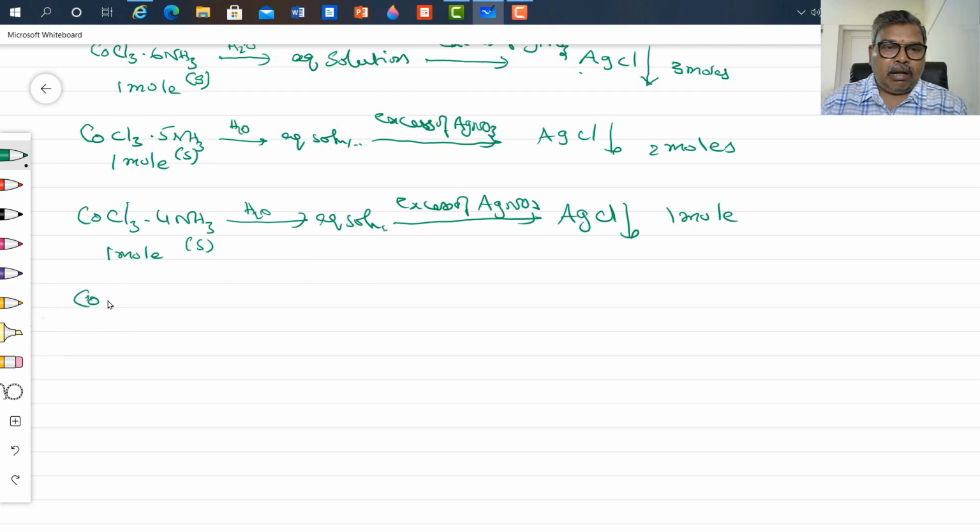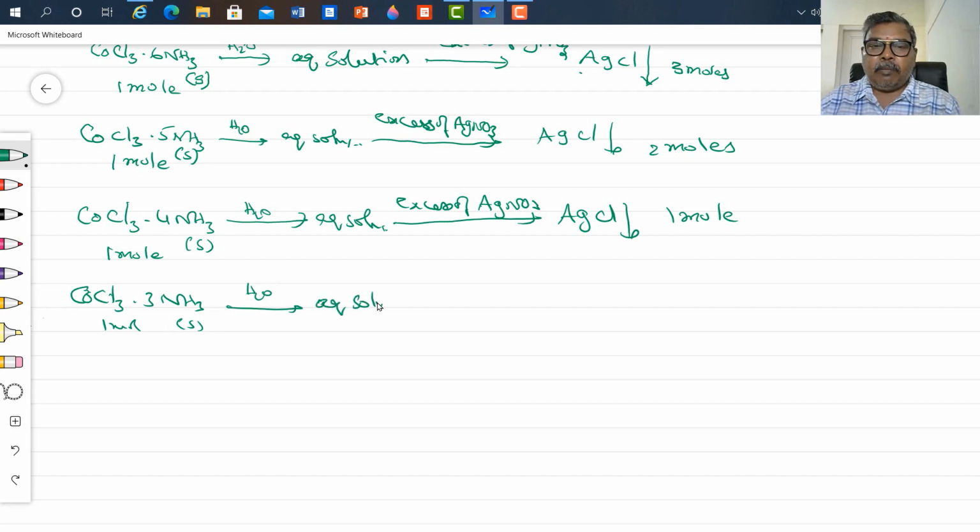Now, lastly, the last compound, CoCl3, 3NH3. This is dissolved in water, so simply the salt is dissolved in water and an aqueous solution is formed.